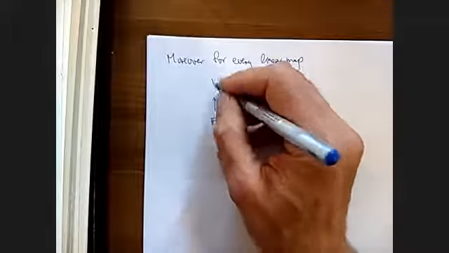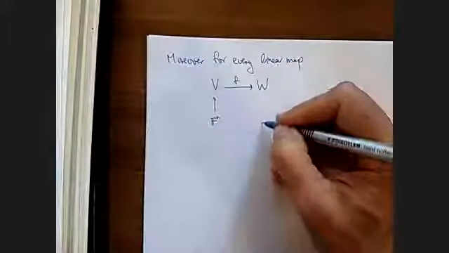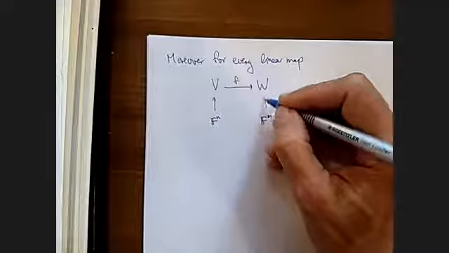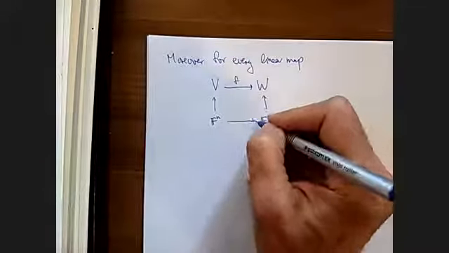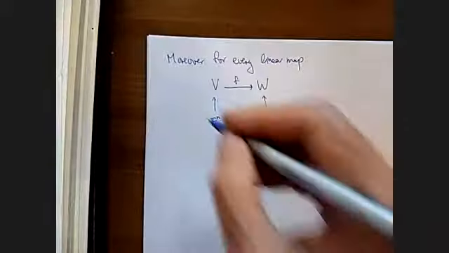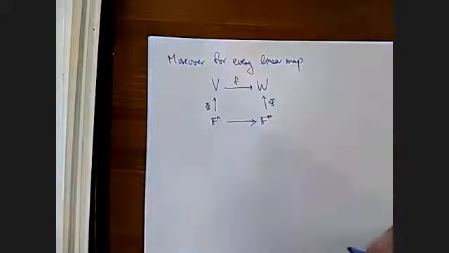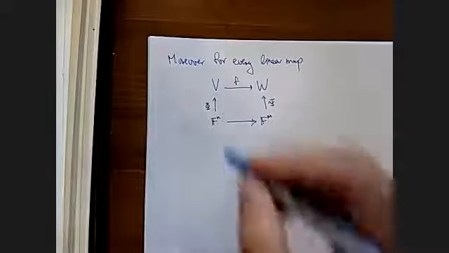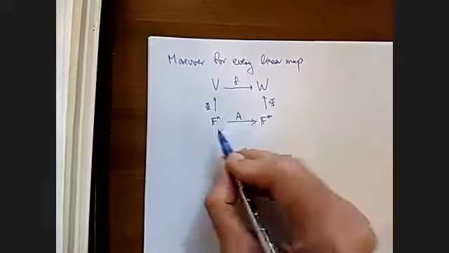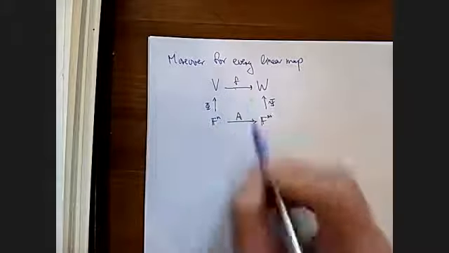a basis of V and a basis of W such that, so here's phi and there's psi, those are the canonical basis isomorphisms. And so here is the corresponding matrix of F with respect to those bases.